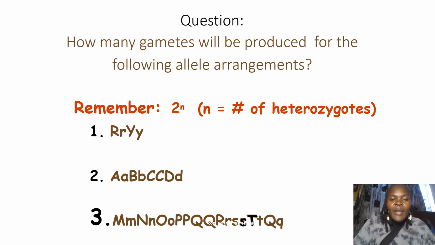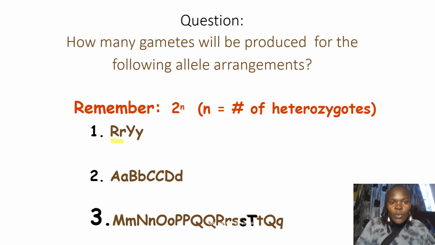In the example, we can point out the number of heterozygous in this state. If I have to talk about the number of heterozygous, then I will highlight here: we have 1 and 2. So we have 2 heterozygous.